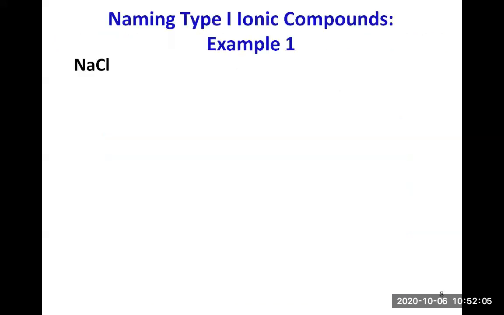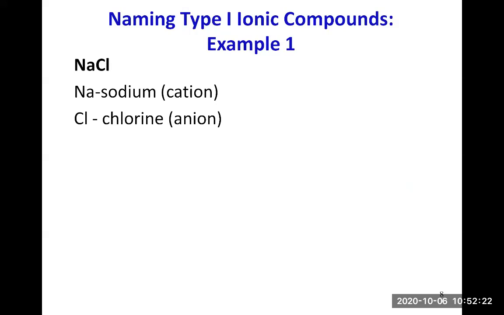So let's go through some examples before you practice that. Naming type 1 ionic compound. First example, NaCl. You may recognize the sodium, Na, it's the cation, it's the metal, and then Cl is the chlorine, and that's going to be the anion because that's the non-metal.